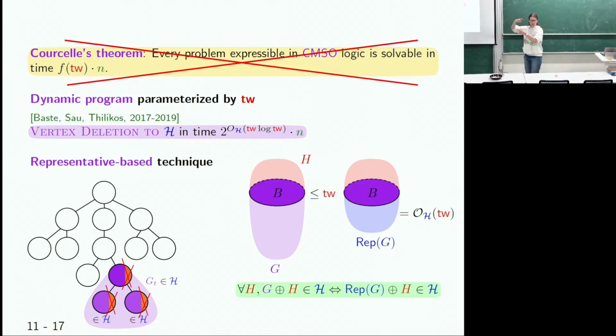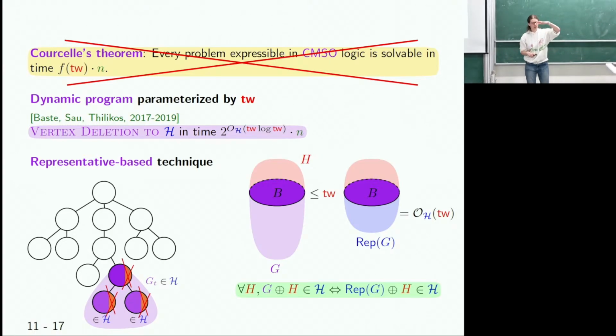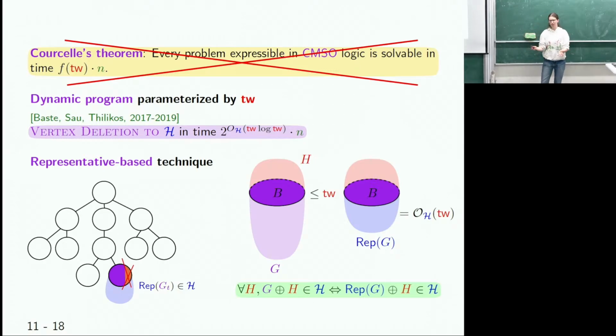But somehow, this way of guessing the solution each time, the information that you need to keep when you go above is your guess on the solution, and you also need to keep as information what is below so that you can check that you are still in H. The problem is that keeping everything that is below is too big, and that's why you can just keep the representative of whatever is below, because no matter what happens above, if you have something in H, it was already in H with the other graph.